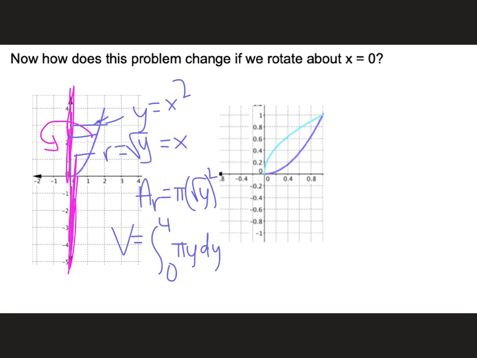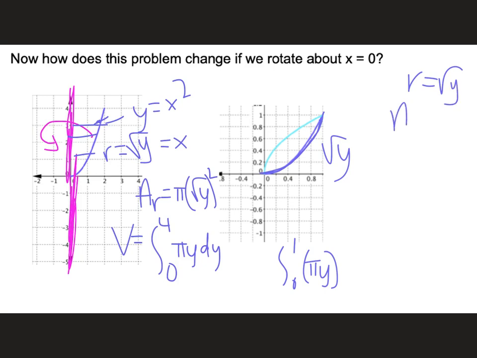We'll do the outside part first, because that's going to be the square root of y again. So that's going to be 0 to 1 of pi y. The reason being, the radius is the square root of y. The area is pi y, because it's pi times the square root of y, squared. Square root of y squared is y.